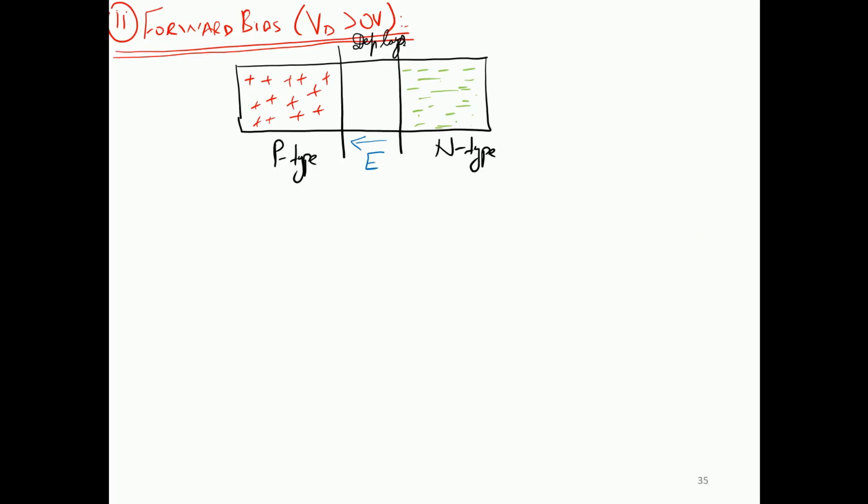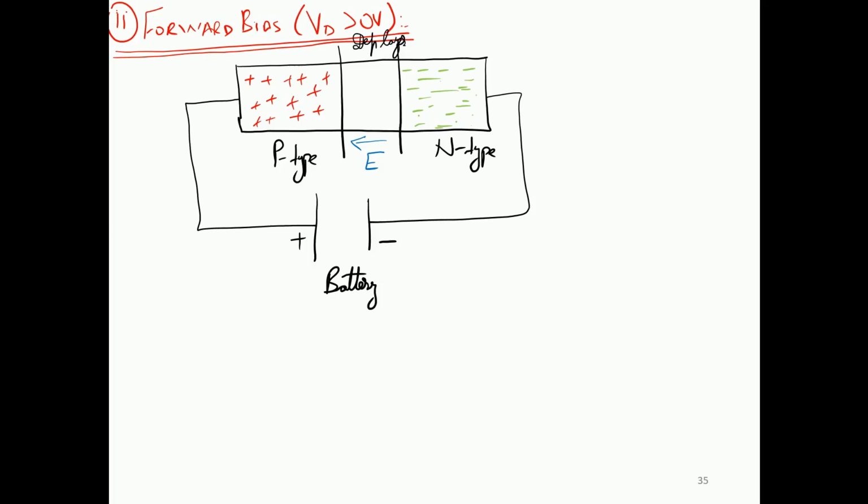So now in the forward bias condition, we need to apply a voltage to it. So what we are going to do is connect our material with a battery. So the P side is connected to the positive side of the battery, and the N side is connected to the negative side of the battery. So now the battery is connected.